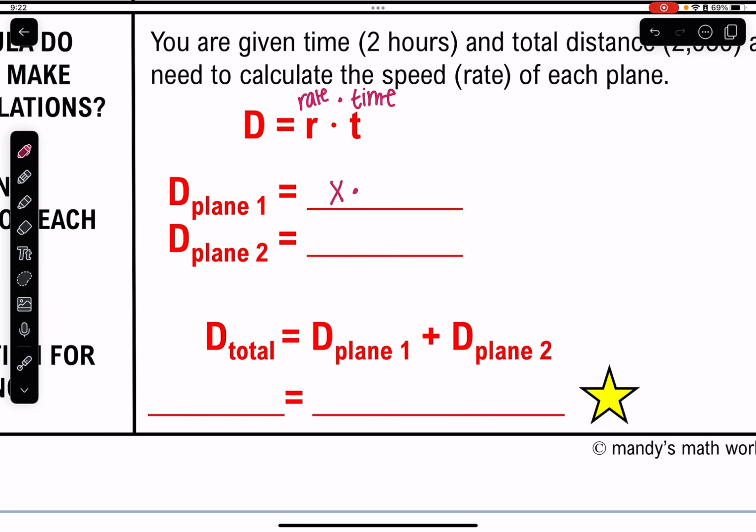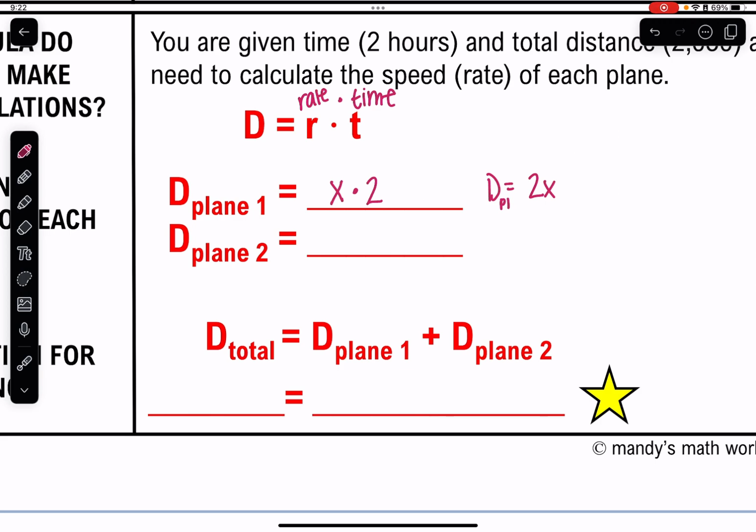The time that has gone by is 2 hours, so x times 2, but that looks weird. So we typically write this as d, the distance of plane 1, is 2x. I wrote it in the right order so that you could see that my rate is x. I don't know what that is. We're just saying that is the speed of plane 1.